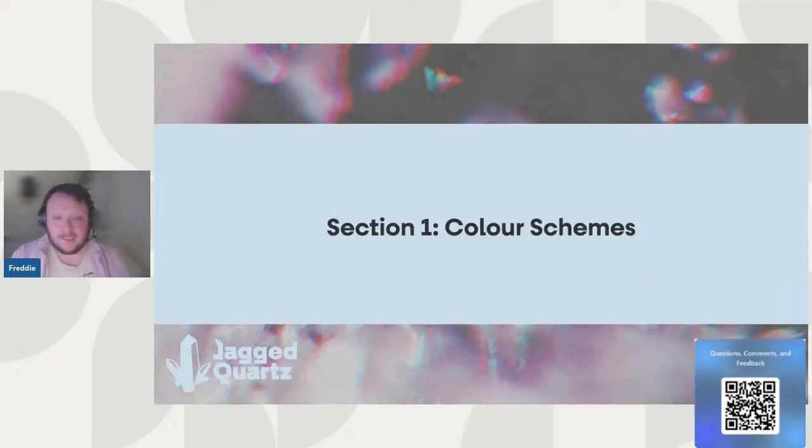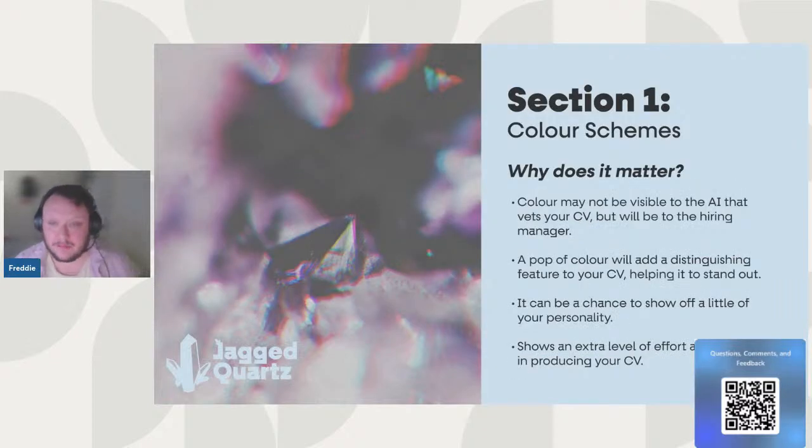So first up, color. A lot of the time, people may not necessarily think to add a little injection of color into their CV, but it can really help. What can a little bit of color do for you? It may not be visible to the first AI algorithmic stages. Yes, that's true. But it will be to the first human that sees your CV. And a little pop of color can add a distinguishing feature to your CV and help it stand out.